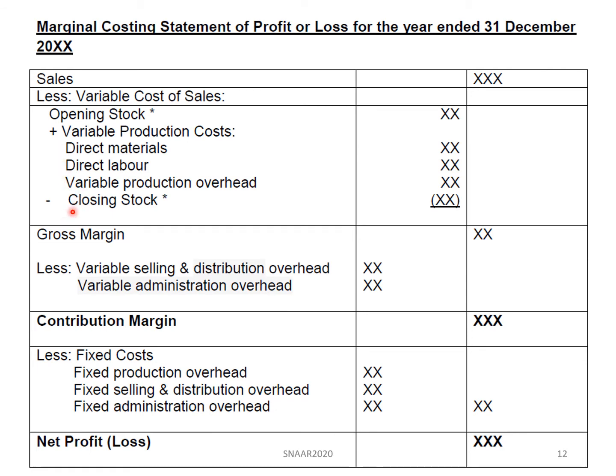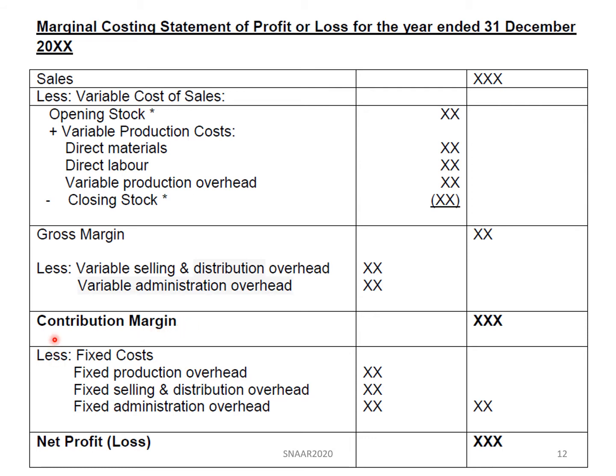And then closing stock macam biasa kita ada juga kat sini. Nama dia, kalau you guna marginal costing, nama dia kat sini adalah gross margin. Lepas tu bila you tolak dengan variable selling, the variable admin overhead, nama dia adalah contribution margin. Because the contribution margin adalah the sales revenue tolak all variable costs. And then selepas this contribution margin, yang tinggal adalah berapa banyak duit yang untuk cover fixed cost dan juga yang boleh provide profit.